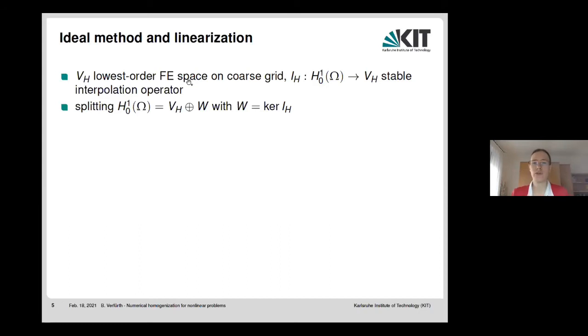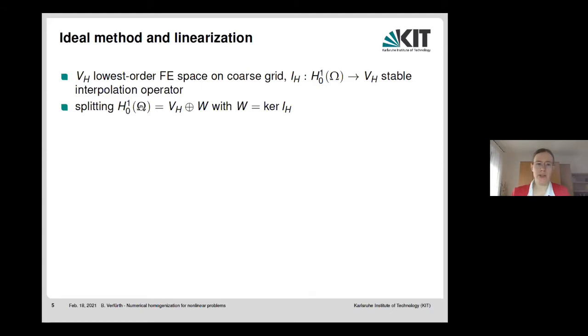So think of linear finite elements, these hat functions, on what I call a coarse grid, meaning a grid that does not necessarily resolve the multiscale variations of A. And then you've also learned this. We have IH, a stable quasi-interpolation operator, which projects H10 functions onto the finite element space. So I also assume that it is a projection.